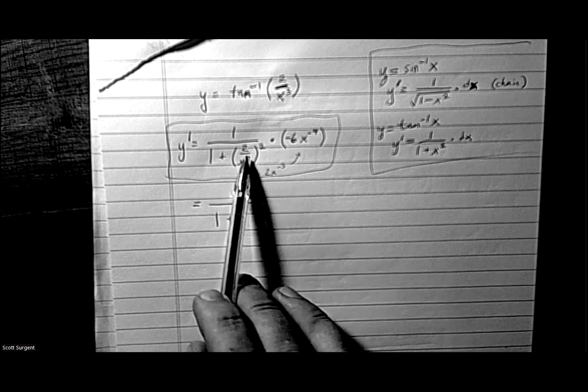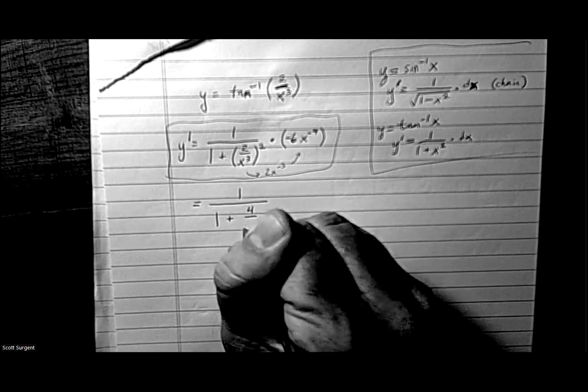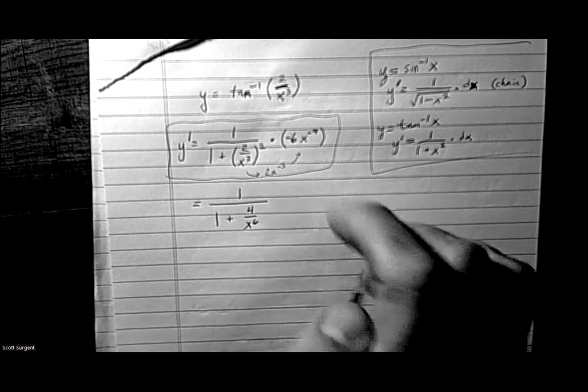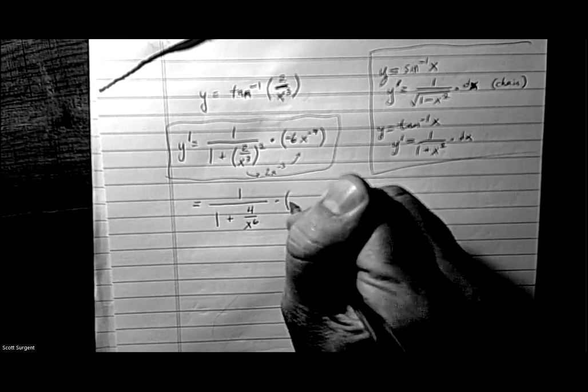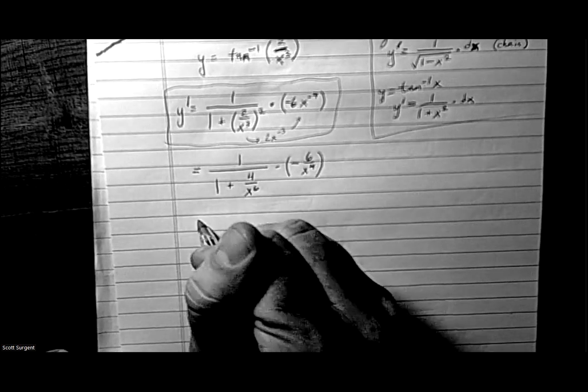I'll do a couple steps here just to kind of clean it up a tiny bit. 2 squared is 4. X cubed squared is x to the 6. This, meanwhile, is just actually negative 6 over x to the 4. I personally don't like negative exponents if I can get rid of them.